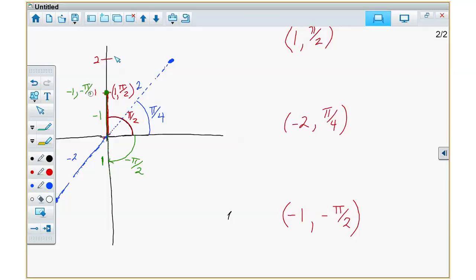So you got to be careful when you're doing these polar coordinates, especially when you see a negative. And it's all about the angle first. Always draw your angle first, and that's something you need to write down, because angle first.